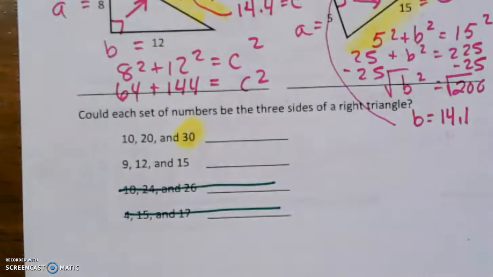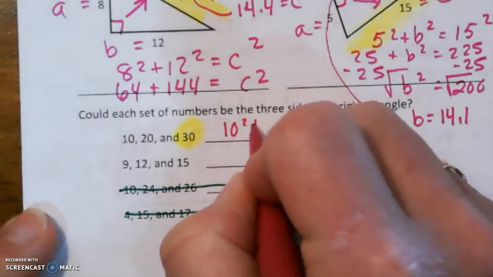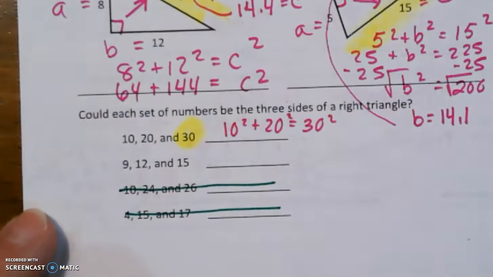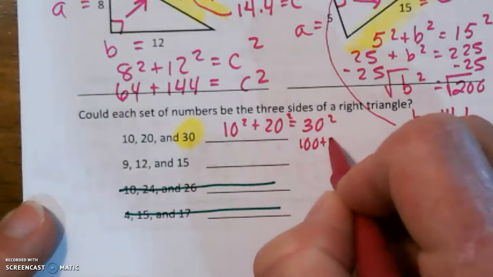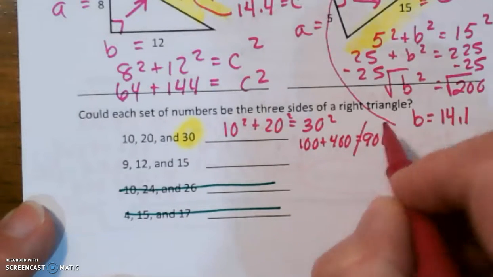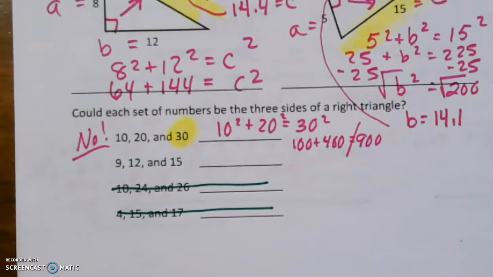That has to be c. So now I can say 10 squared plus 20 squared, does that equal 30 squared? Okay. So 100 plus 400, does that equal 900? And the answer is no. This is not a right triangle.